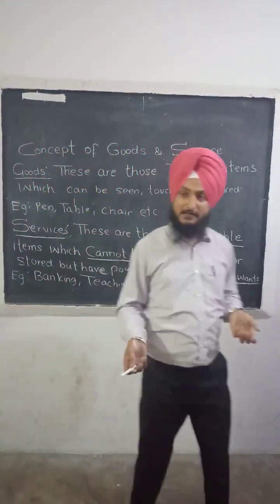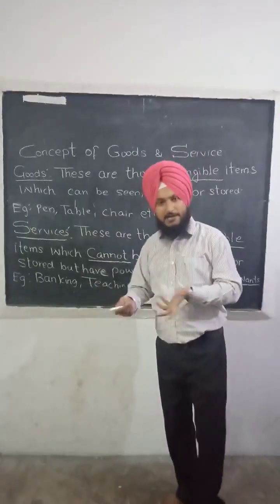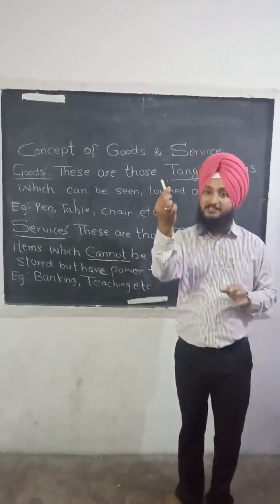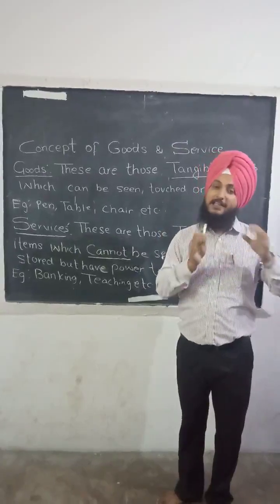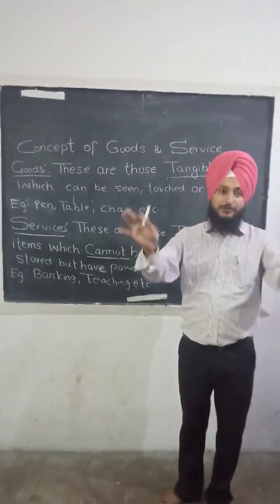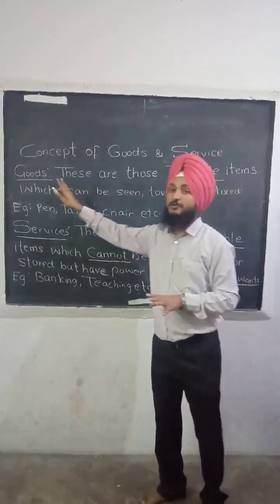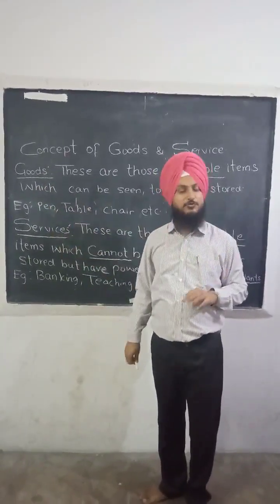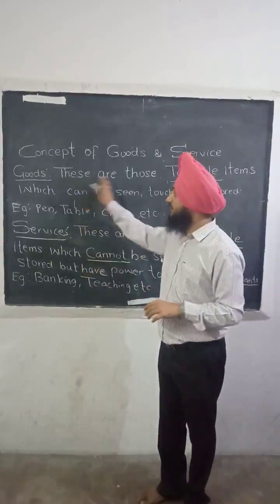For example, pen, copy, table, chair, window, anything you are watching around you, like this chalk, like this pen, is a type of good. We will discuss the various types of goods in our next video as well.